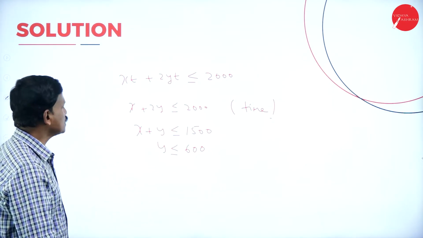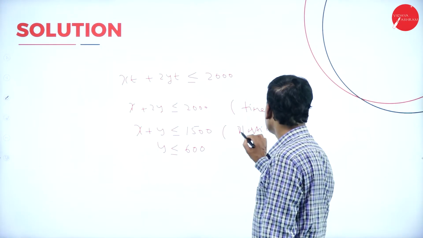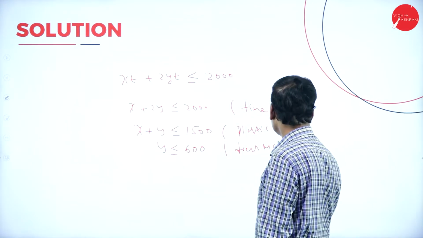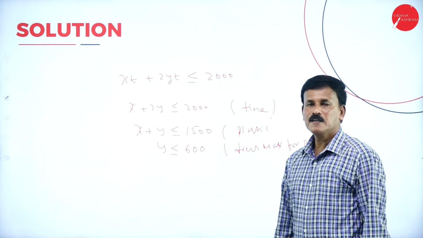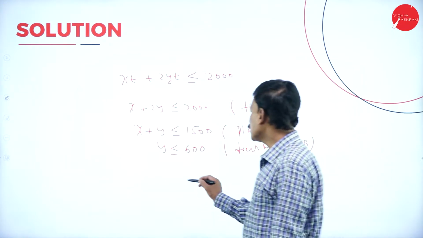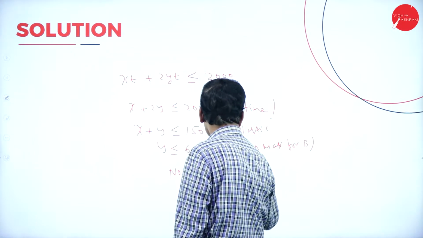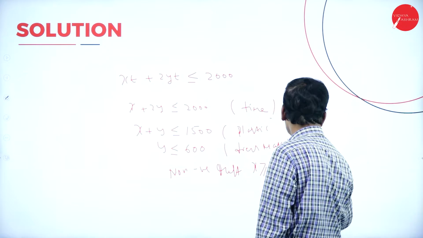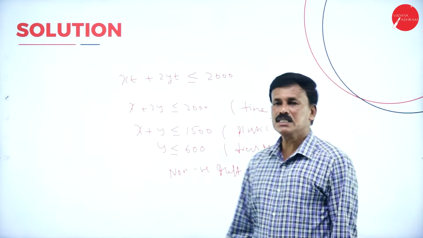This is the plastic and this is the dress material for type B. And since these are all positive, the non-negative restrictions are x is greater than or equal to 0 and y is greater than or equal to 0. That's it.